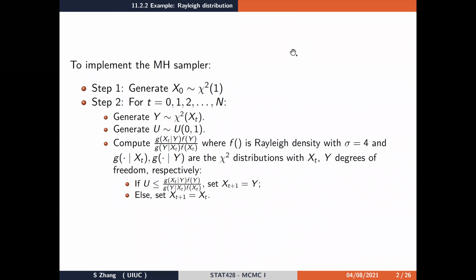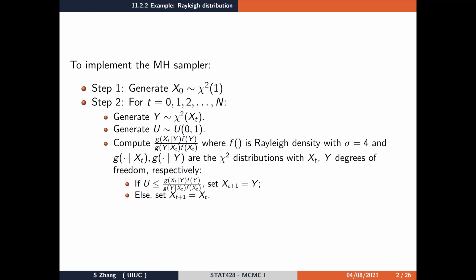Okay, so instead of going directly into the code, let's try to recap the MH sampler and see what it translates to in this particular example. As we have mentioned, step 1 will be generating the initial x0 from the chi-square distribution with 1 degree of freedom.